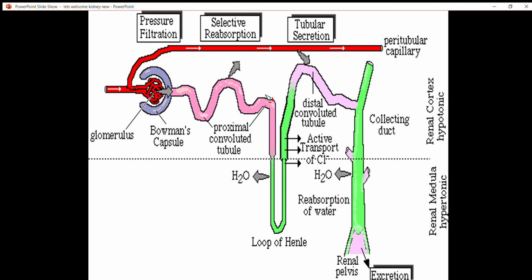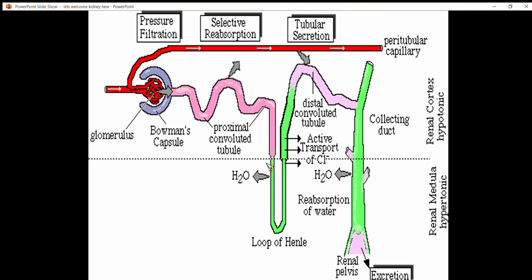And then the loop of Henle. This is your third chapter. This loop of Henle is basically concerned with the formation of diluted urine or concentrated urine. That means according to your environment, or the season, if you have a hot environment, that is summer weather, you need to conserve the water.